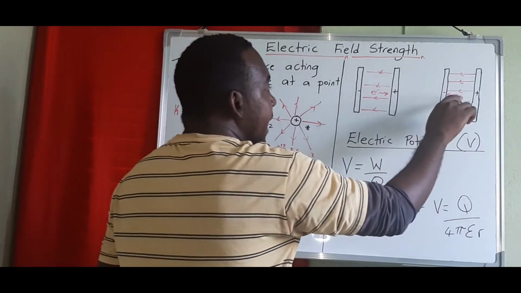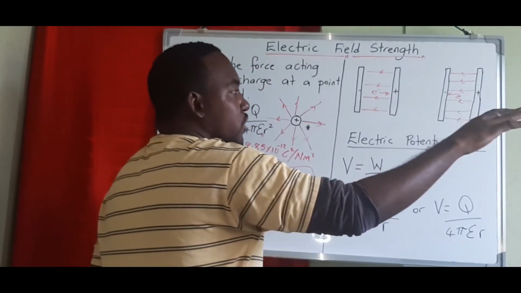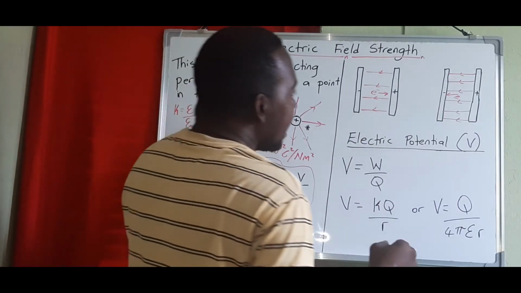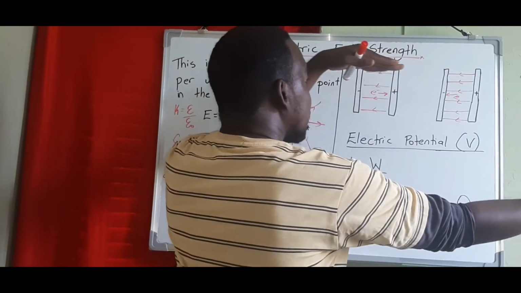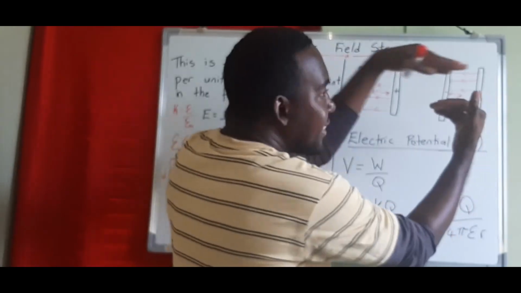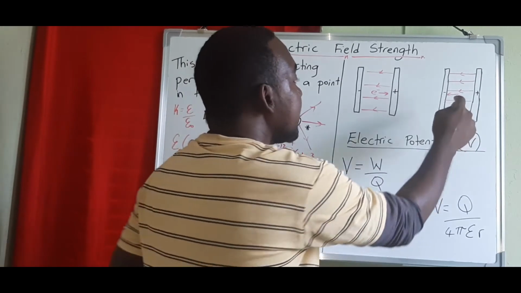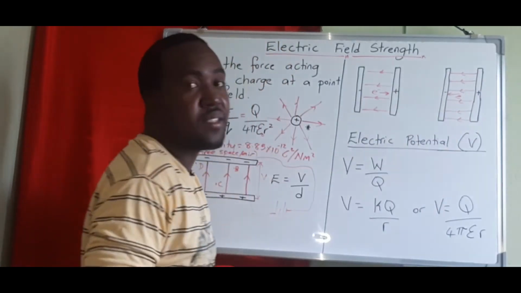Now we're actually doing work against the electric field, because the electric field is saying, you should be going that way, but we want it to go that way. So we're going against the electric field, because this is a negative charge and we're going to the negative plate.